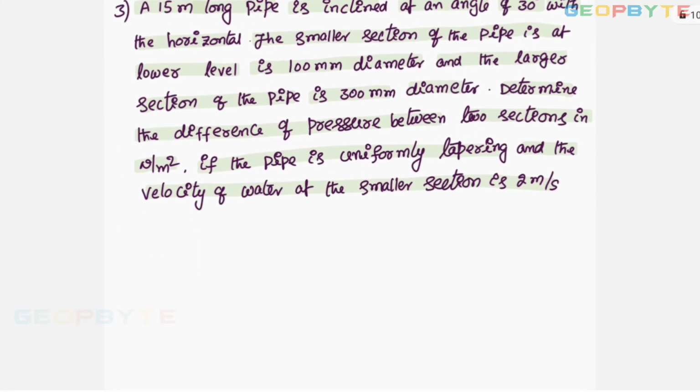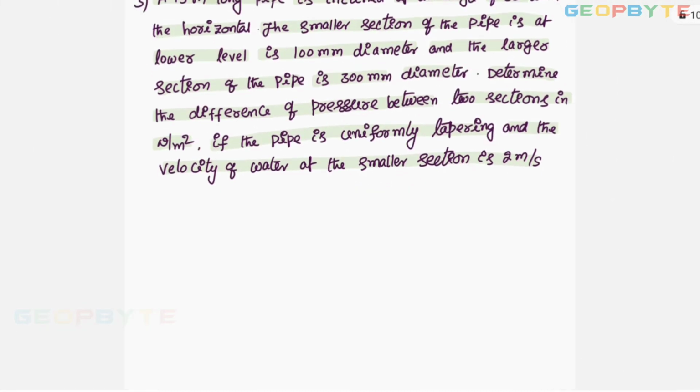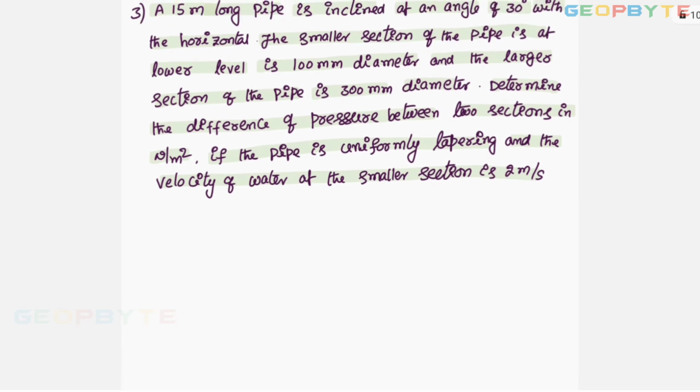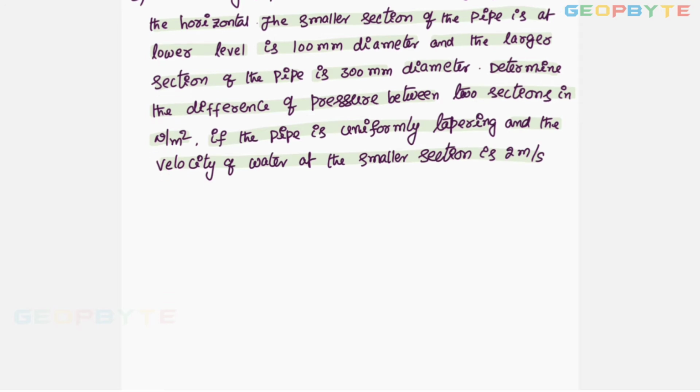For this data, first let me construct the diagram. The pipe is arranged at an angle 30 degrees. Smaller end is at the downside, like this. This is smaller end, larger end.